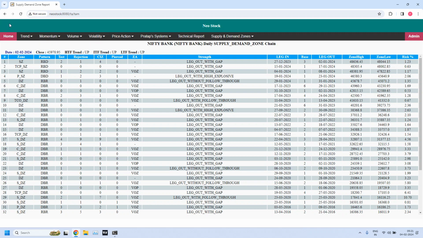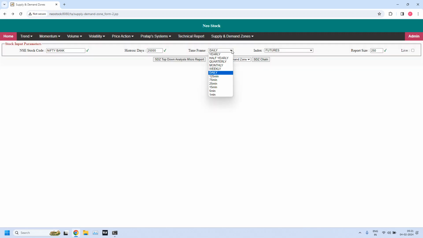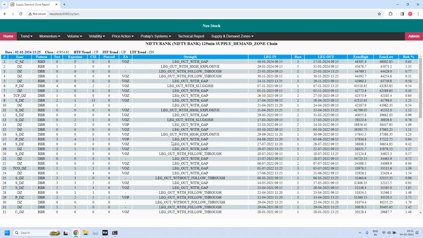Now let us change the time frame. Let's go back. From daily we are moving to 125 minutes. Let me generate 125 minute zones. On the 125, one high liquidity zone is there, but it is a weak one on lower time frames.